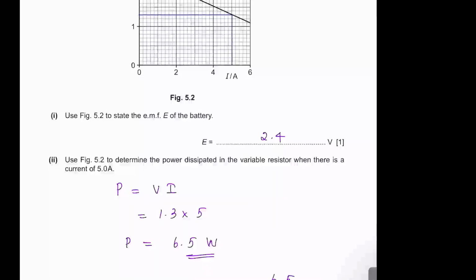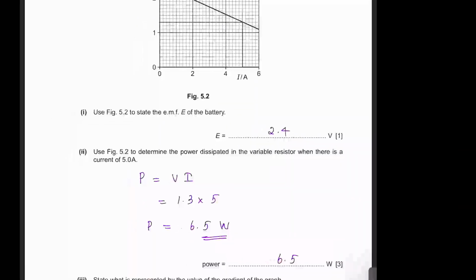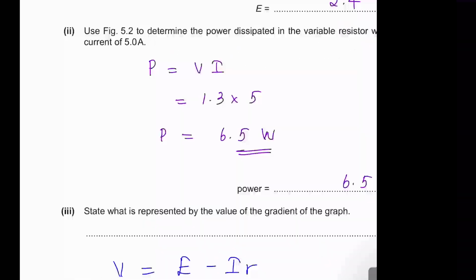State what is represented by the value of the gradient of the graph. So guys, we know V equals E minus Ir, where Ir is a loss voltage, E is the EMF. If you rearrange it, V equals minus r times I plus E, where V is taken on the y-axis, I on the x-axis.